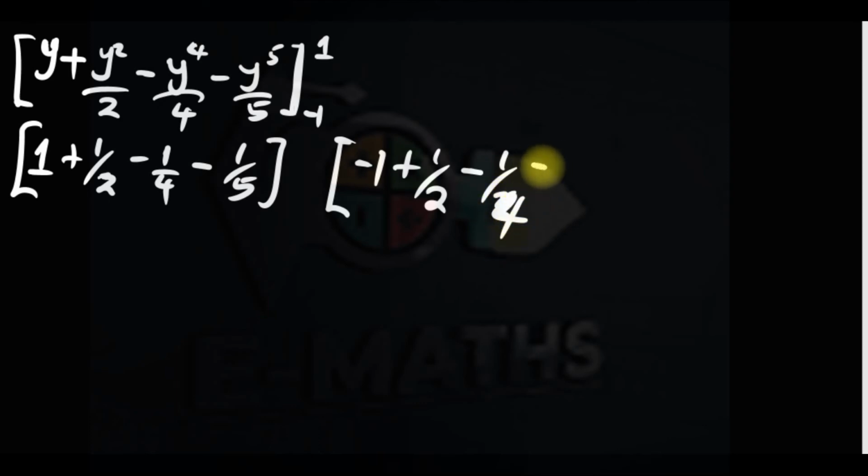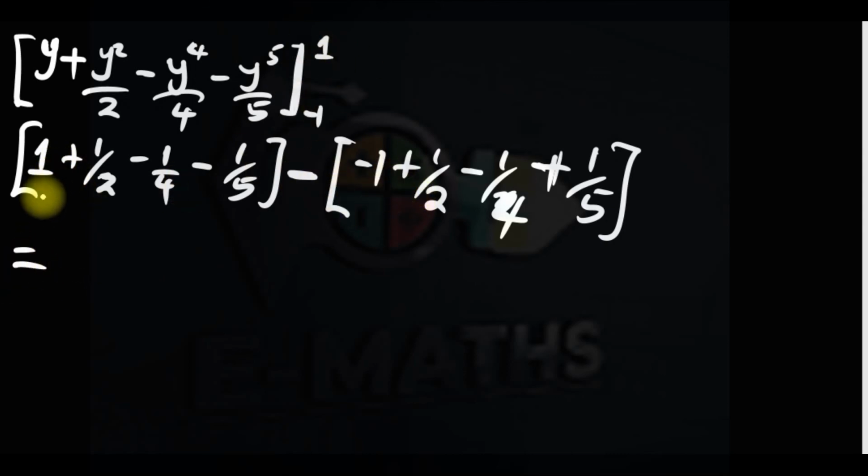We've substituted 1. Let's substitute minus 1. We have minus 1 plus 1 over 2 minus 1 over 4 plus 1 over 5. We substituted minus 1 in all of them. So you subtract. That's the meaning of this.